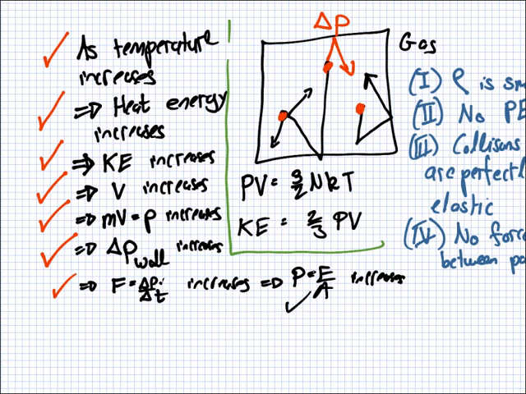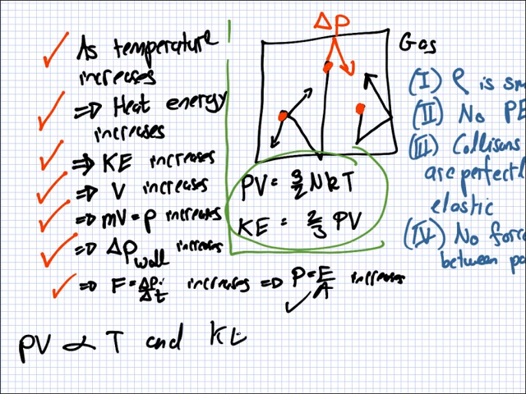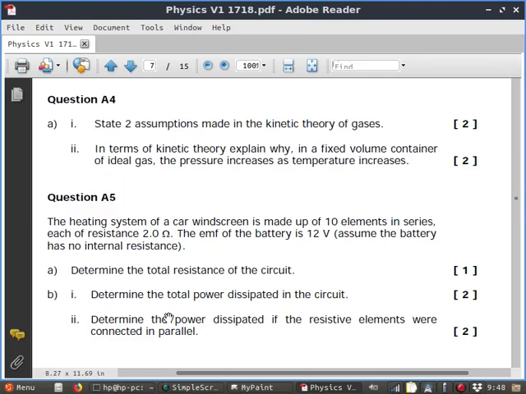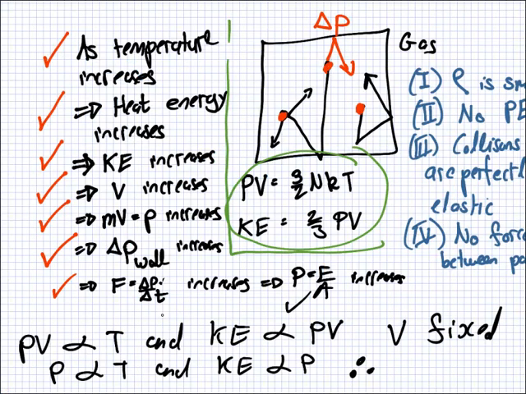But if you take these two formulas as well, you could say PV is proportional to T and KE is proportional to PV. Now, if V is fixed, you can say P is proportional to T, and KE is proportional to P. No, I don't even need to say this.